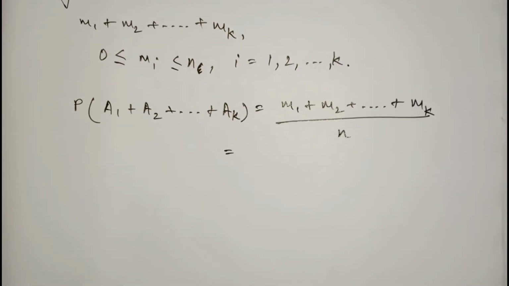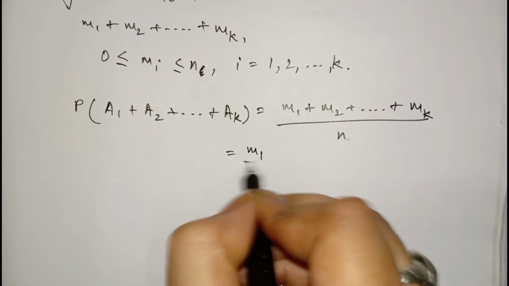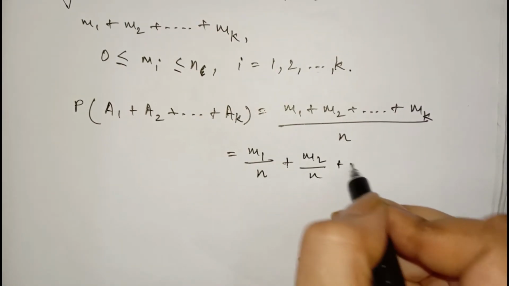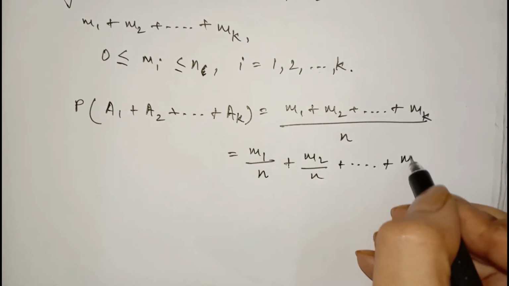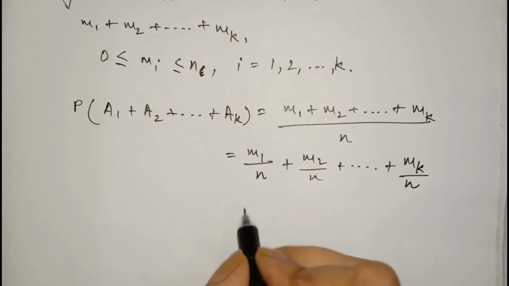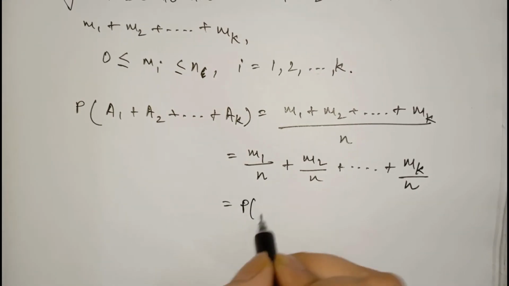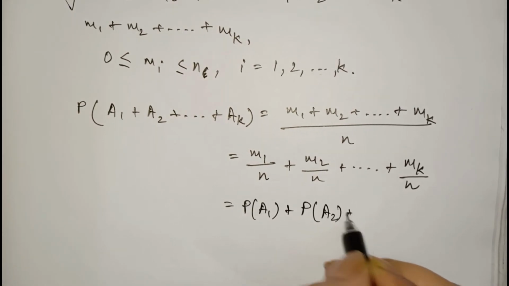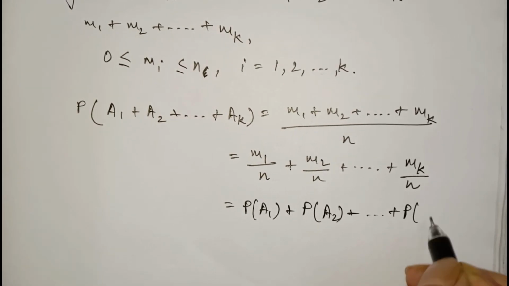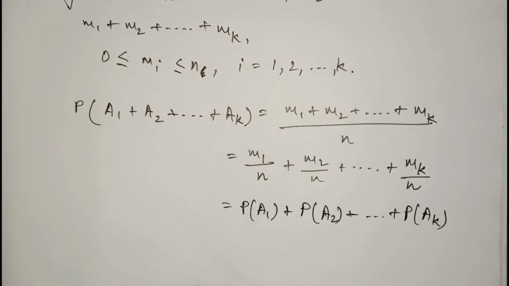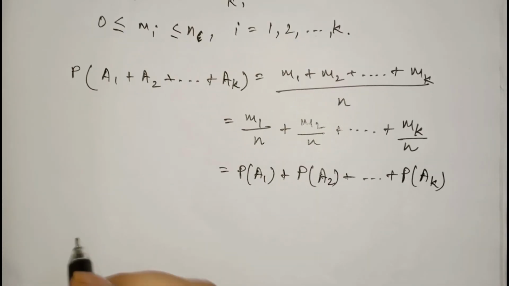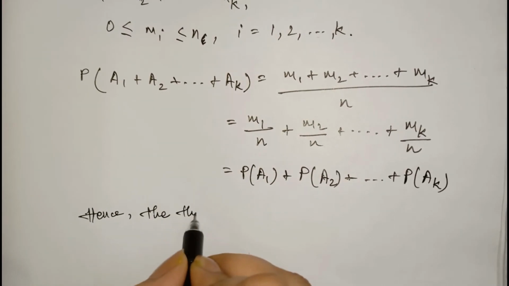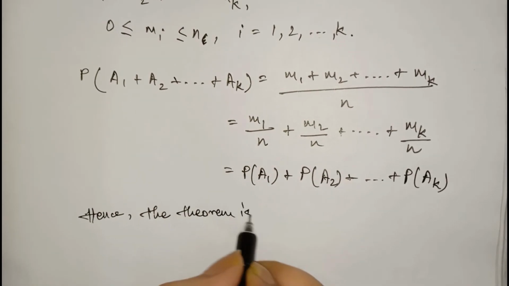Now we can separate this, so M1 by n plus M2 by n, this continues till MK by n. This gives us P of A1 plus P of A2 till the last term P of AK. Hence, the theorem is proved.